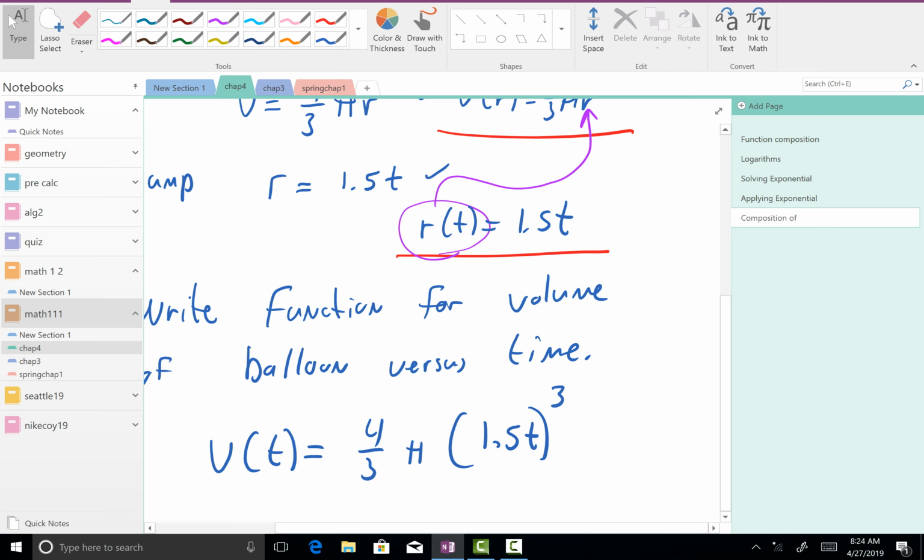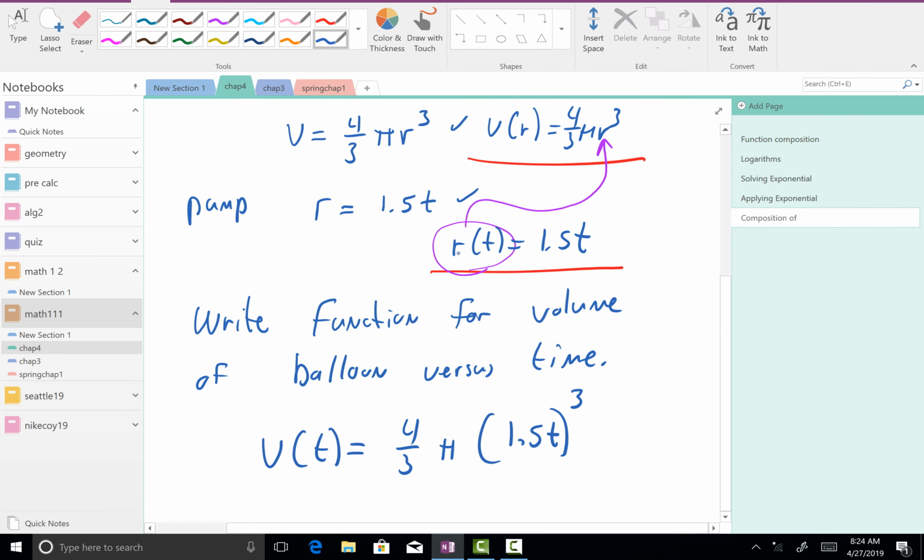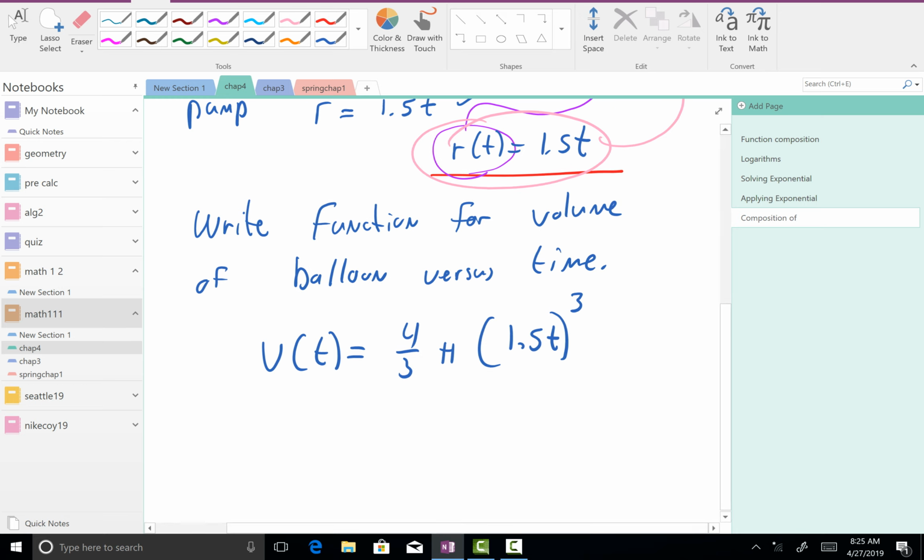So this is function composition. We're taking this function here and substituting it into that function there. That's called function composition. So we get this result.